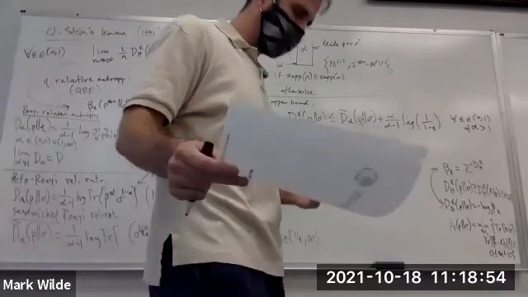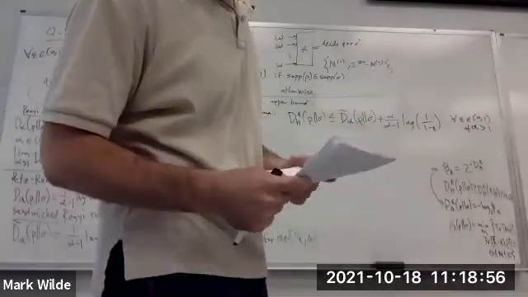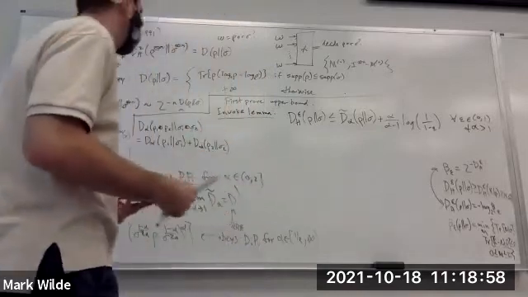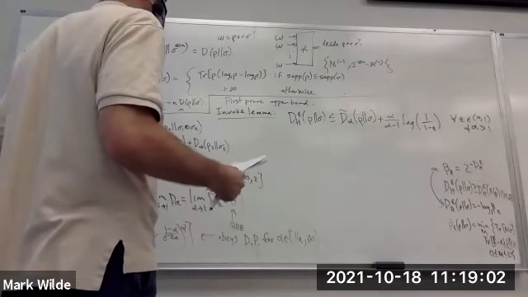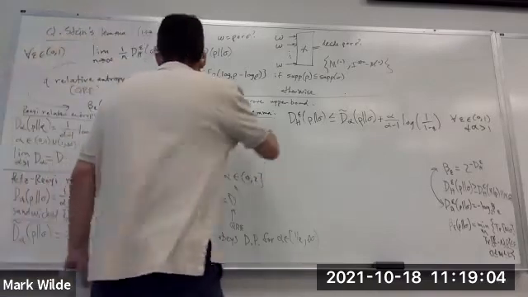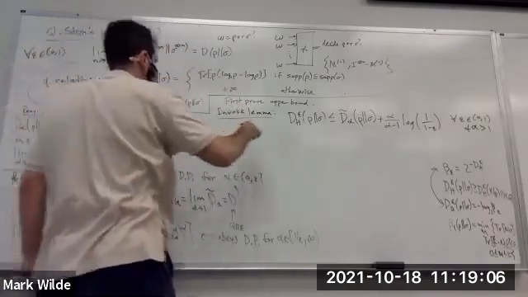But now I want to invoke it to show you how clean and simple the proof of Stein's lemma becomes if you have this lemma. So let's take this quantity.